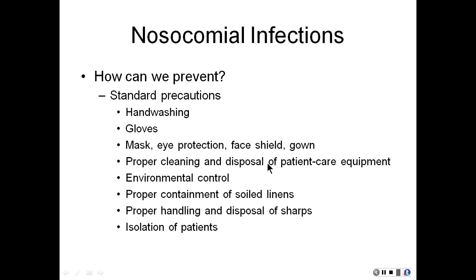Proper cleaning and disposal of equipment, that helps lower the microbial load, as does environmental control, proper containment of soiled linens. This all prevents the spread, right? And then isolation of patients, either because they have a dangerous bug or they are particularly susceptible. And hospitals are making pushes on all these areas to try and lower those hospital-acquired infections. Okay, that's it for now.